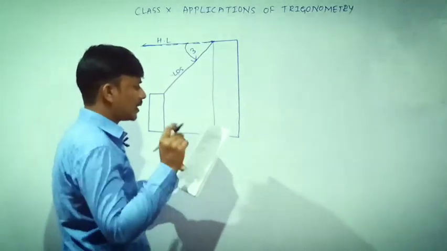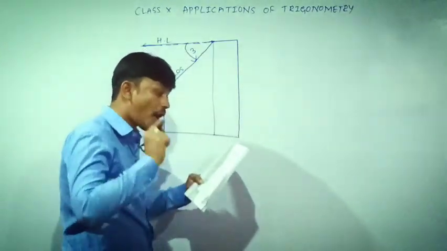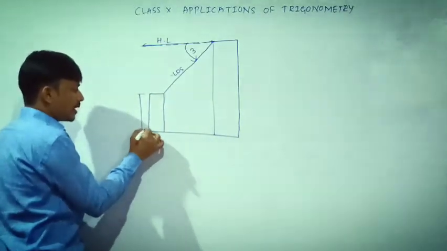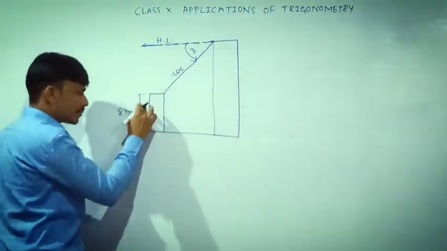The angle of depression of the top and bottom of an 8 meter tall building. How much? 8 meter tall building.